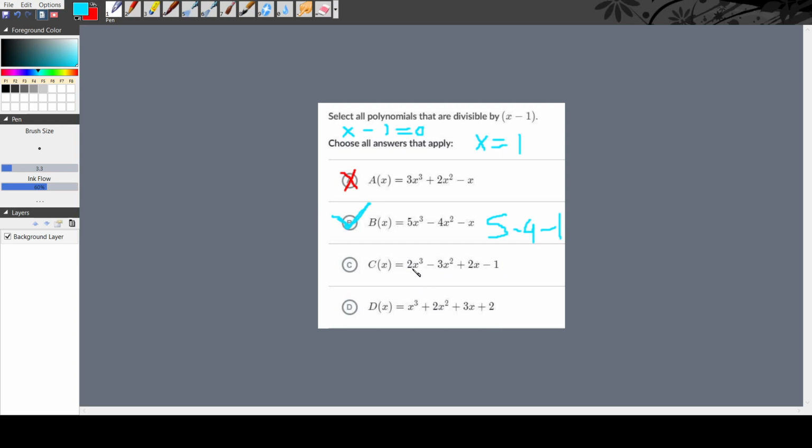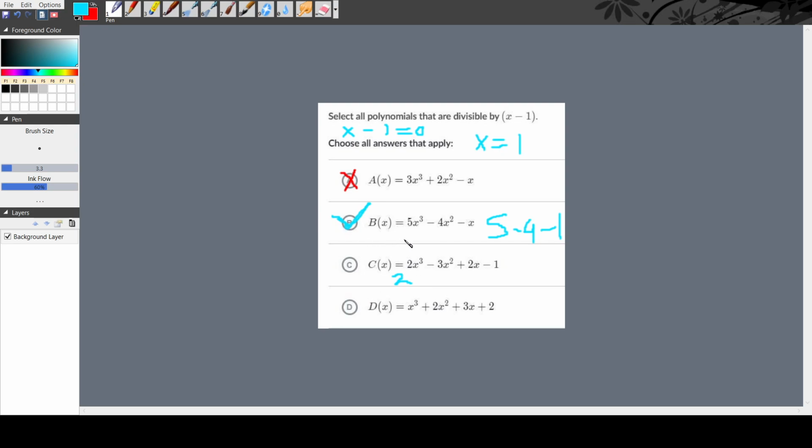Let's do it. 2x cubed, x equal to 1, 1 cubed is 1, so we get 2, minus 3 times, also guys remember, when we have minus 3x squared, you do x squared first, then multiply it with minus 3, because in BEDMAS or BODMAS, whatever you follow, exponents are always first.